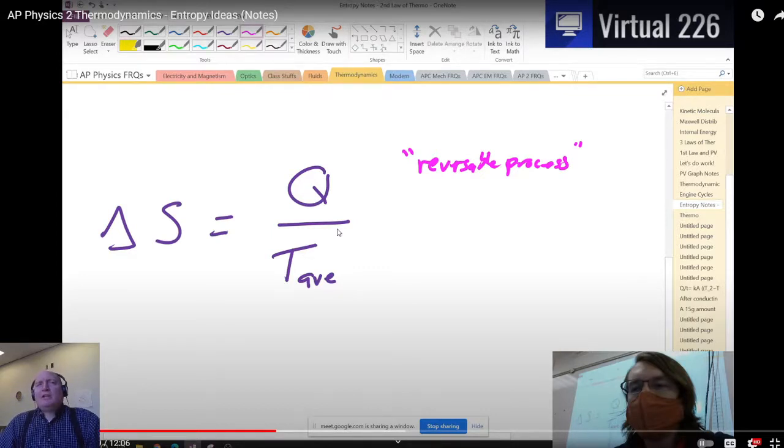So there's no question that Q over T average is going to be close. How wrong is it? I don't think it's that wrong. I'll have to put some thought into that. But my guess is this is a class that's not going to do integrals. I'm looking at his other notes in here. It's not 100% clear to me if there are any integrals in this class, and so I love this. Q over T average is absolutely close, right?